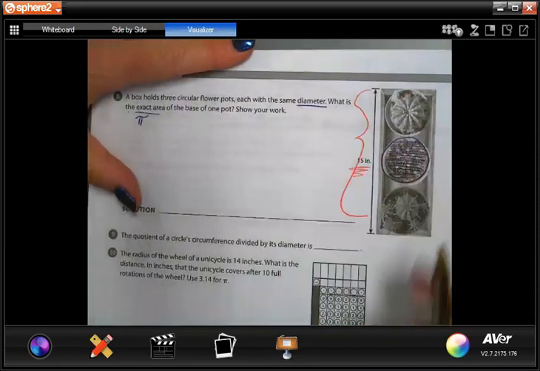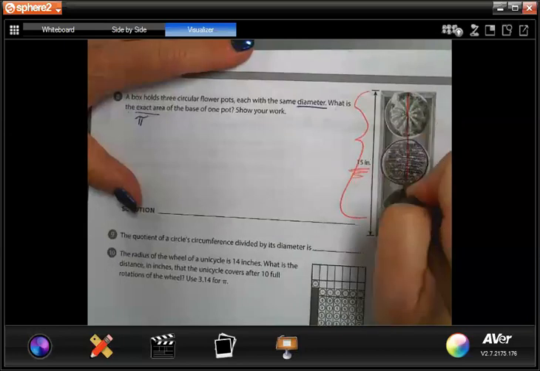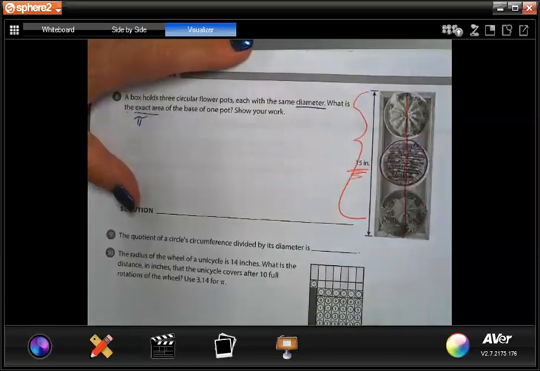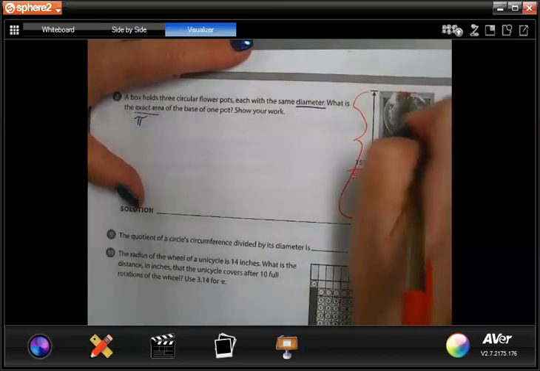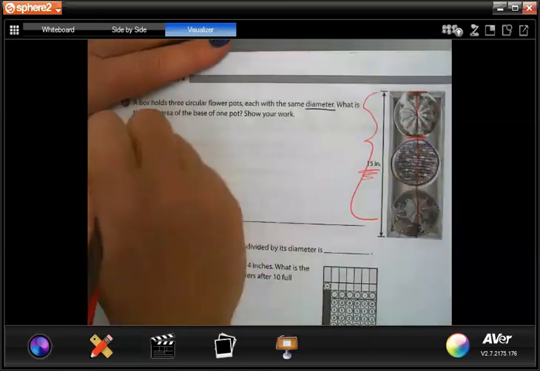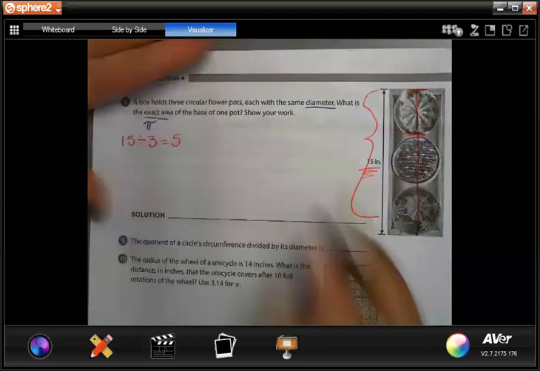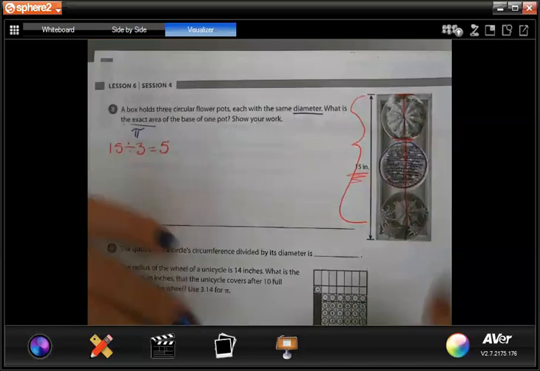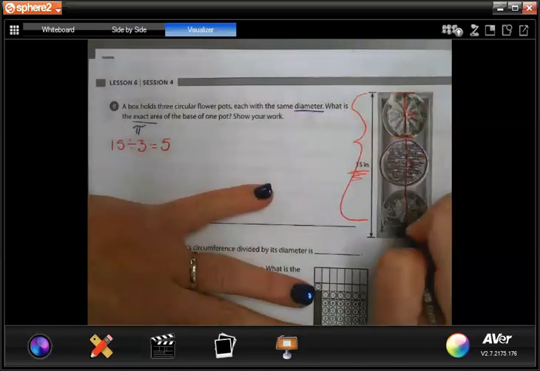So if we want to find out just this section right here to here, we're going to first take 15 and divide it by 3. So what we find out is that each one of these pots has a diameter of 5.